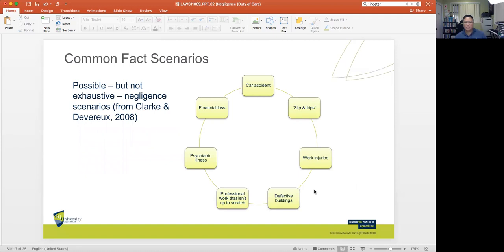Again, when we look at common fact scenarios concerning negligence or negligent action, a lot of these, as I mentioned, happen in the context of car accidents. It could be slips and trips, like somebody walking on a pavement.